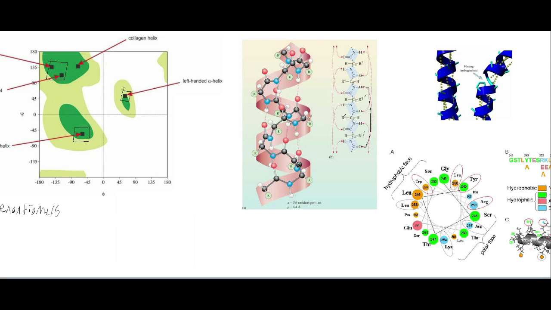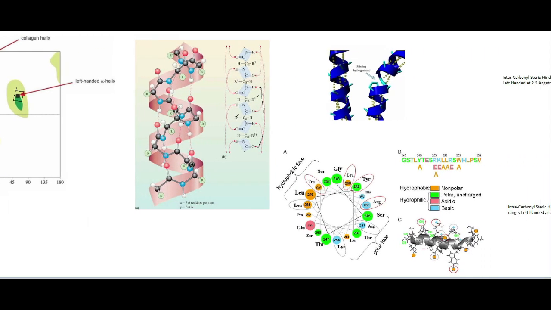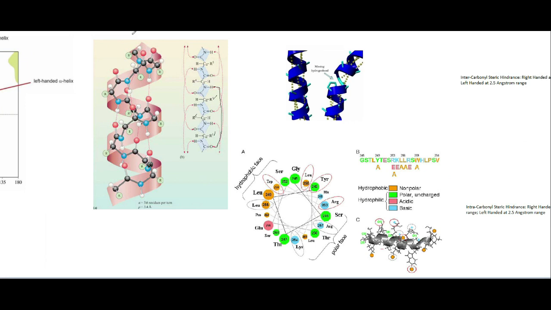And so these hydrogen bonds in the backbone of these amino acids are what stabilize this alpha helix structure.